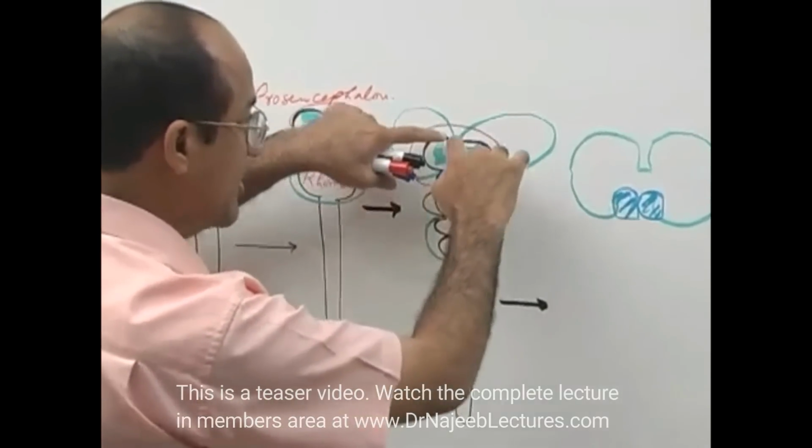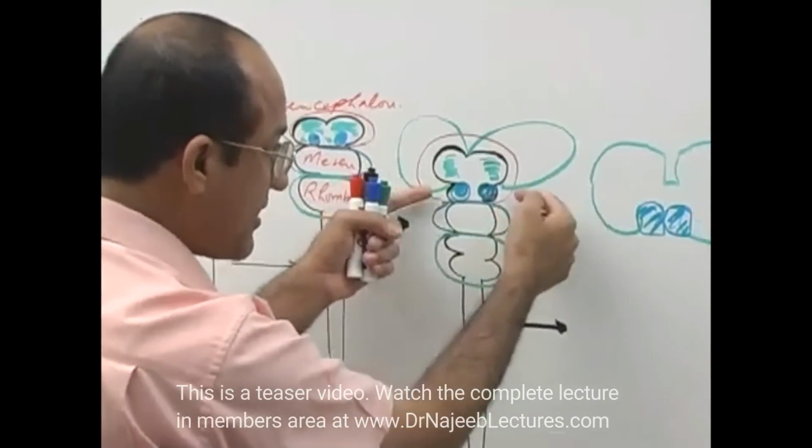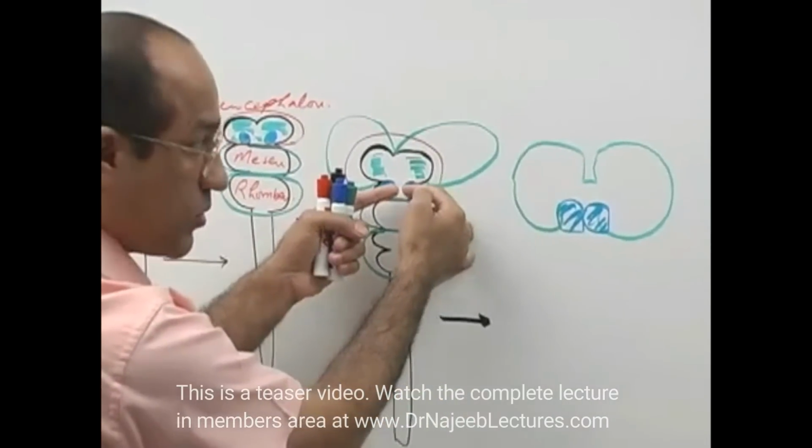The upper and outer vesicles grow rapidly, and the lower and inner vesicles are buried within.